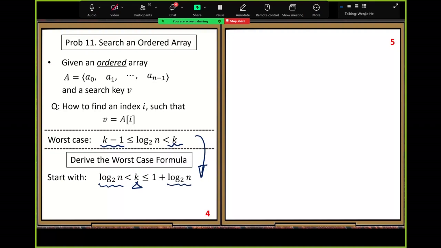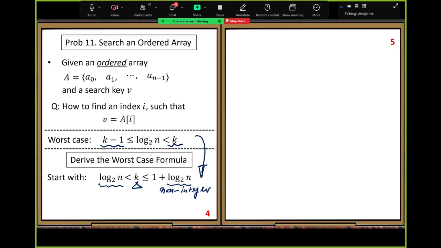So how can we use an integer expression to represent k? Here, this is a non-integer expression, but our goal is to write an integer expression for k. Remember, we did something similar before in our problem counting the binary digits. In that problem, we had a similar situation.